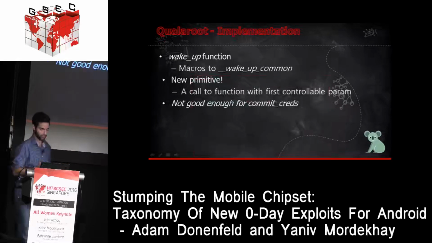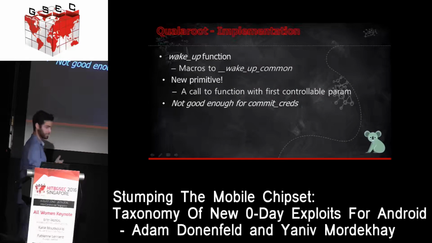For those of you who ask, why don't we call a user mode function? That's because we want to bypass PXN, or the ARM-ish SMAP. So a new primitive: a function call to any kernel function while we control most of the first parameter. The most convenient way to continue from here is calling a function called commit_creds.